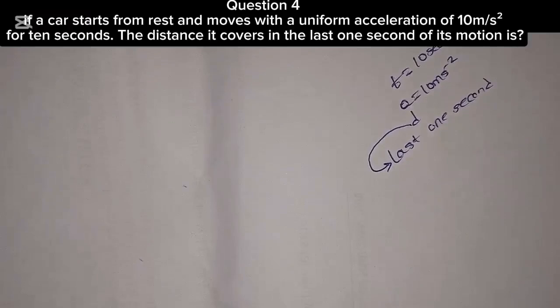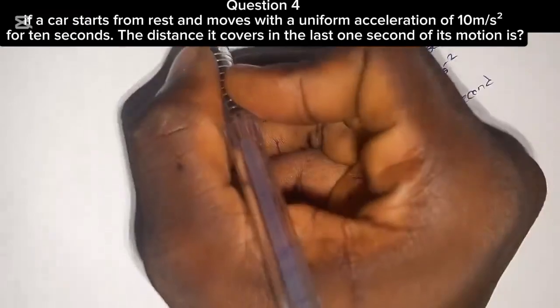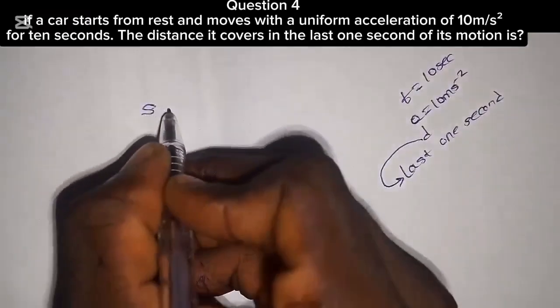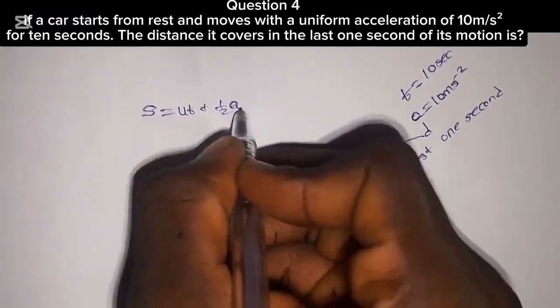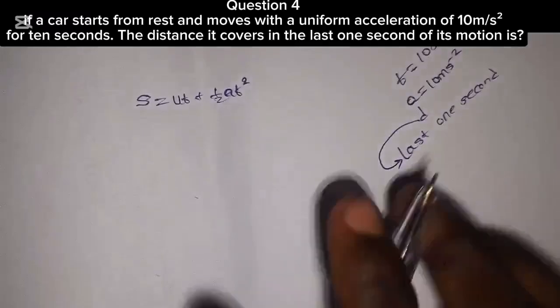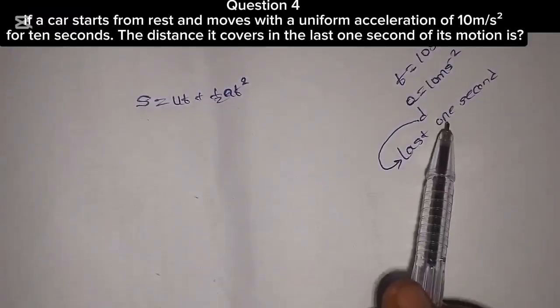So this question is still so easy. Make use of the second equation, which is S equals ut plus half at squared. We are looking for the distance in the last 1 second.